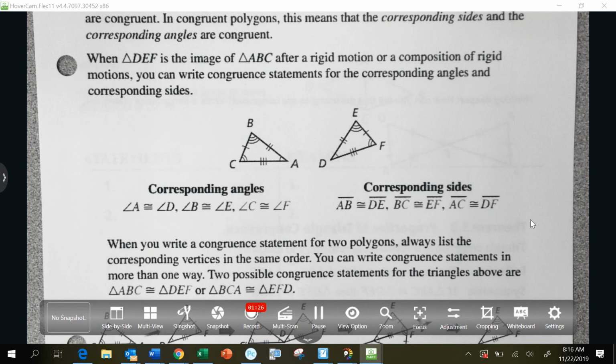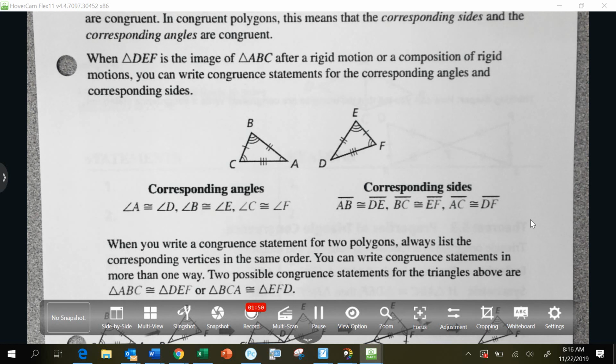The congruence markings, but how do you know that A goes to D instead of A going to like F? When you look at their congruence markings, there's only one. Right, there's only one little arc in both of those. So those are the ones that correspond to each other.